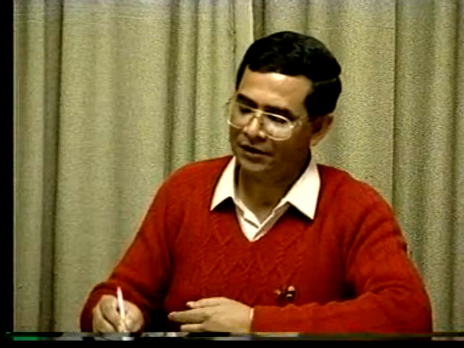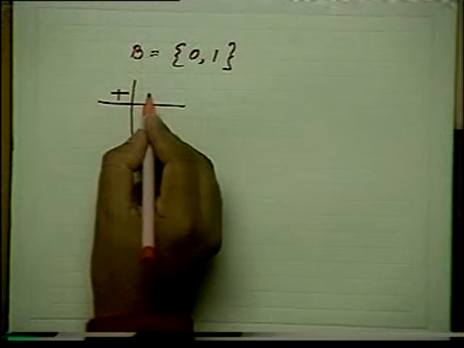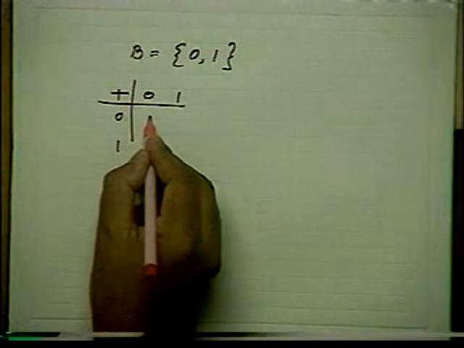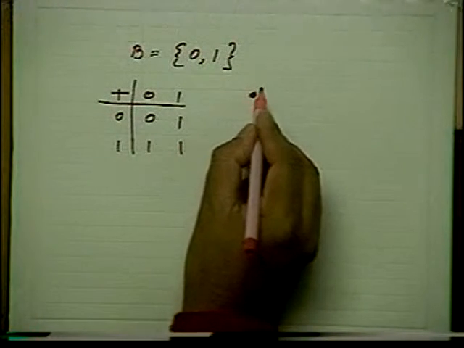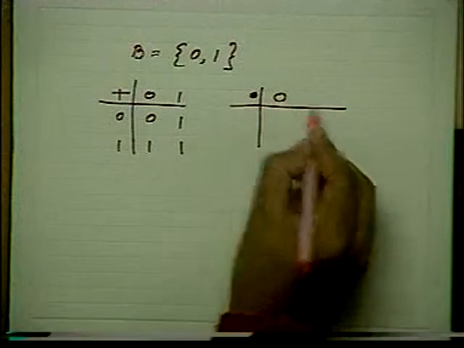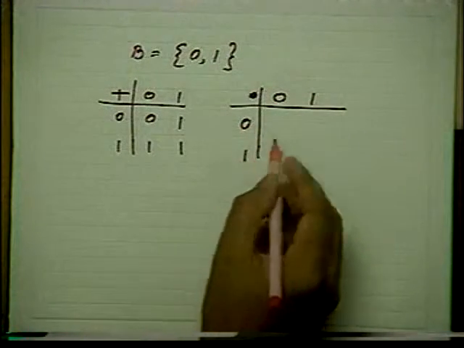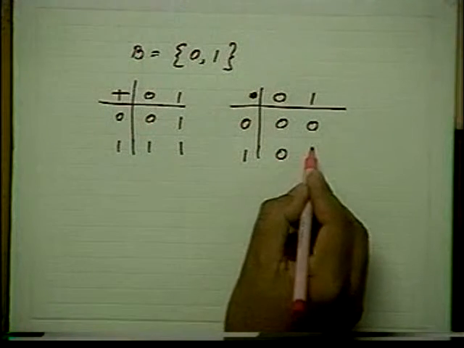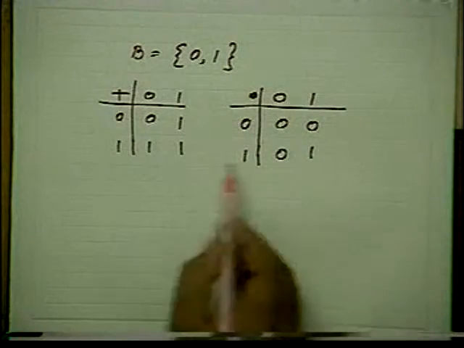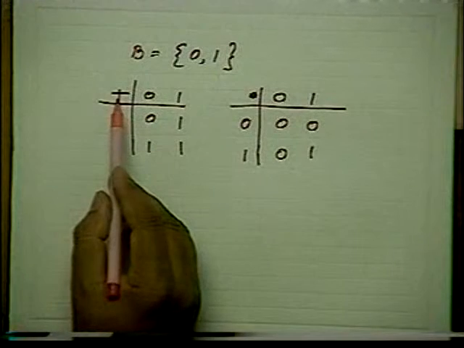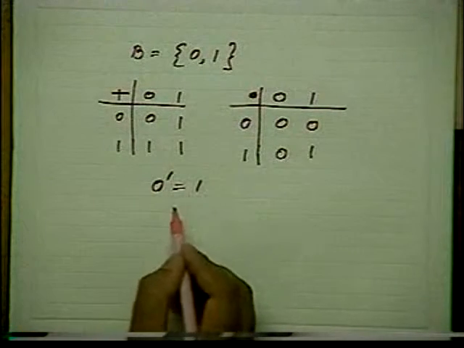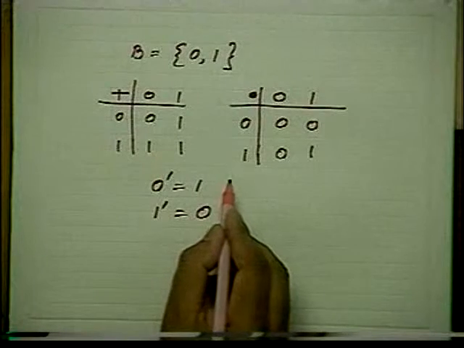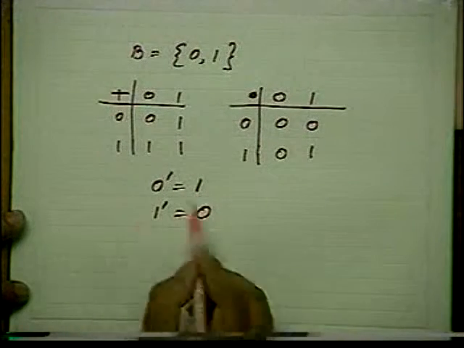You have these two operations: plus, as defined by your axioms as well as by the theorems, 0 plus 0 is 0, 0 plus 1 is 1, 1 plus 1 is 1, and the dot operation 0 dot 0 is 0, 0 dot 1 is 0, 1 dot 1 is 1. With plus and dot defined like this, 0 dash, the complement, equals 1, and 1 complement equals 0, which we have already established in the previous theorem.